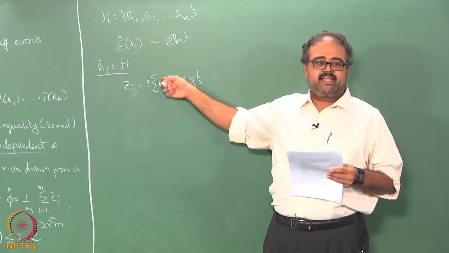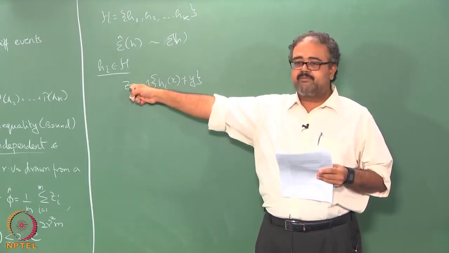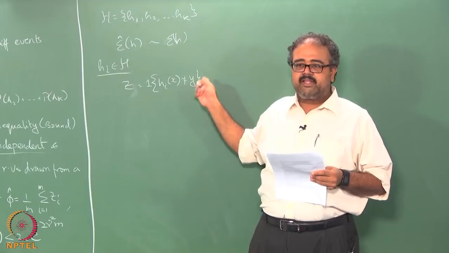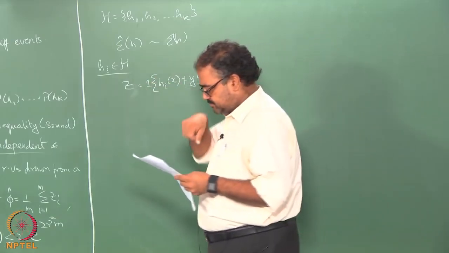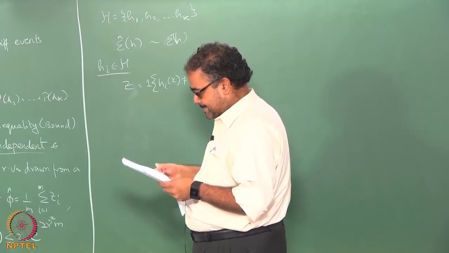So whenever hi makes an error, this random variable will be 1, whenever hi does not make an error, the random variable will be 0, okay.